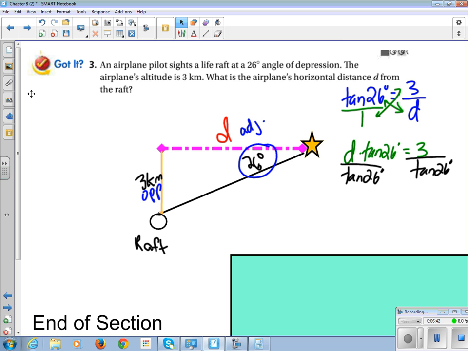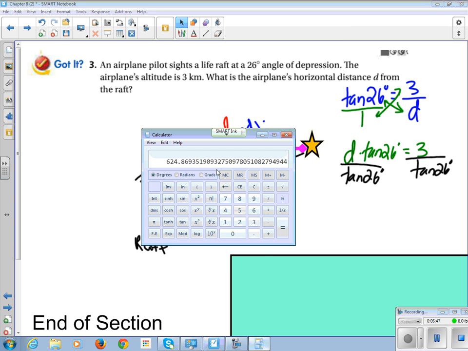So on my calculator, that looks like 3 divided by 26 tangent equals 6.15. So we are 6.15 kilometers.